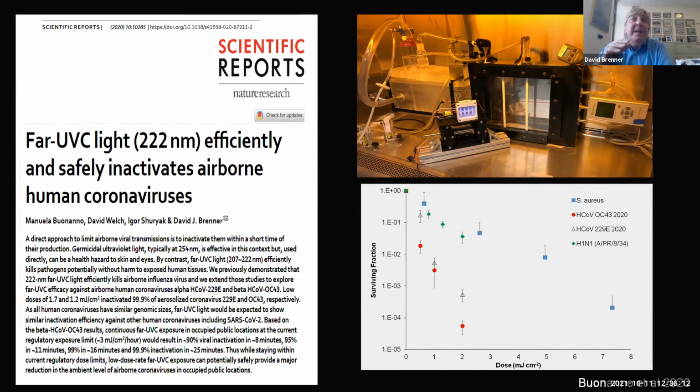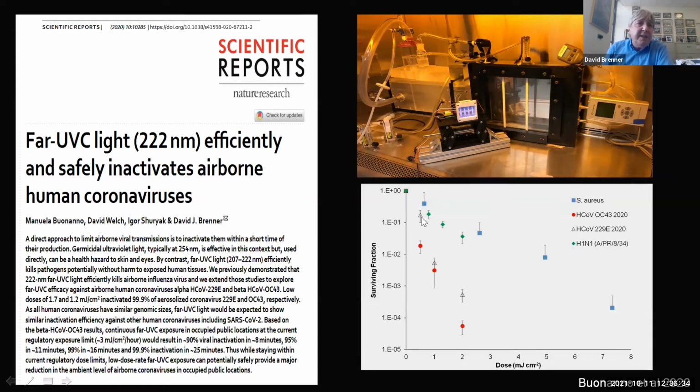So that's the way that we can directly measure the efficacy of 222 nanometer light for killing aerosolized virus. The results that you see here are for two different coronaviruses and also for influenza virus in the green.